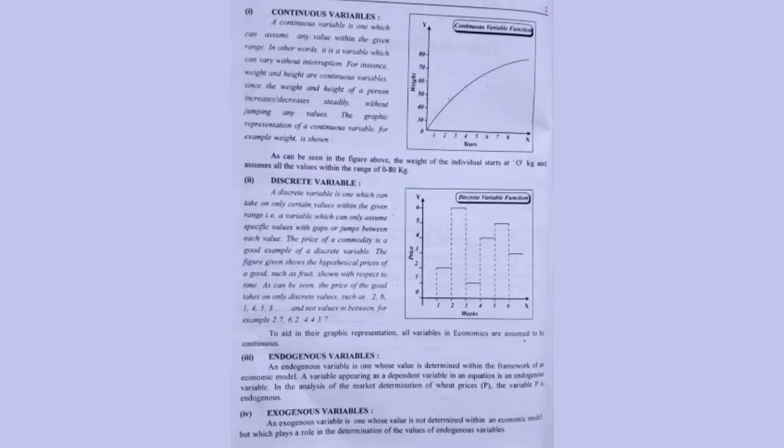In the second week, the price of the vegetable was 6. In the third week, it was less than 2. I think it is 1. And in the next, it is actually 4. And the next, it is 5 and so on. So these values are discrete variables or discrete data.